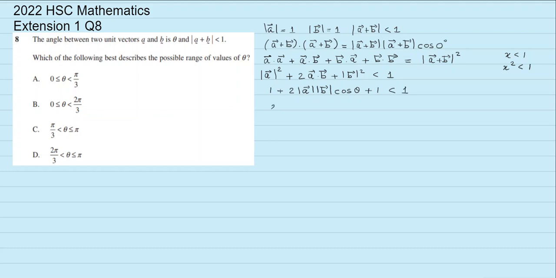This can be simplified further as 2 plus 2 cos theta should be less than 1. I can also write it as 2 cos theta should be less than minus 1, or cos theta should be less than minus 1 by 2.